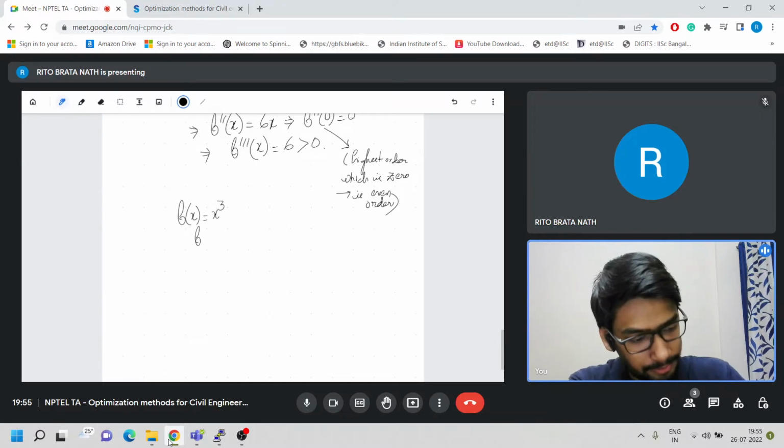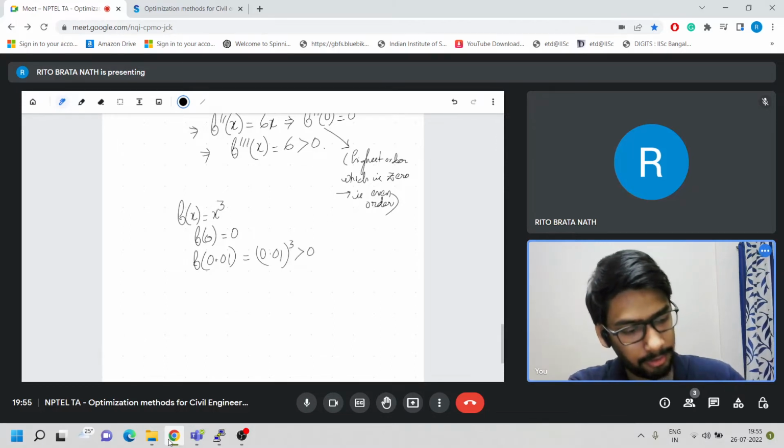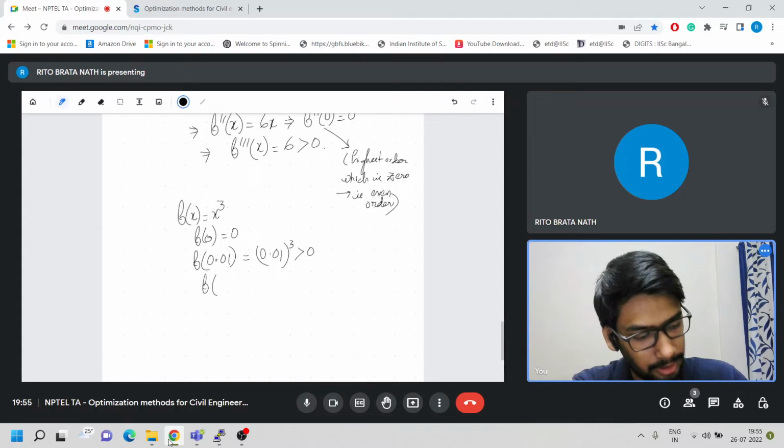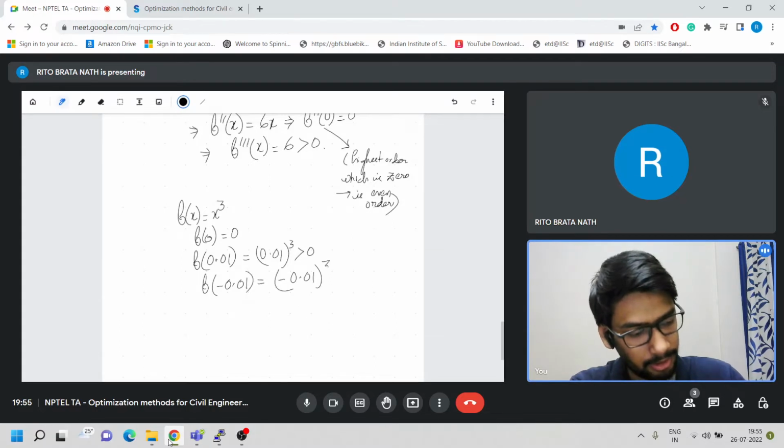You know that f(0) is 0, and that 0.01 cubed is positive. If you put a very small negative number, minus 0.01 cubed, this is an odd power and will be less than 0.